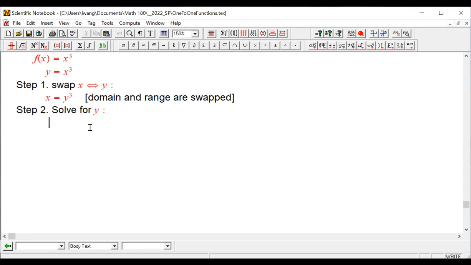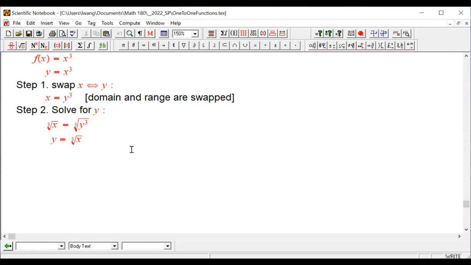Well, we can just take a cubic root on both sides. And the result is y equals the cubic root of x.